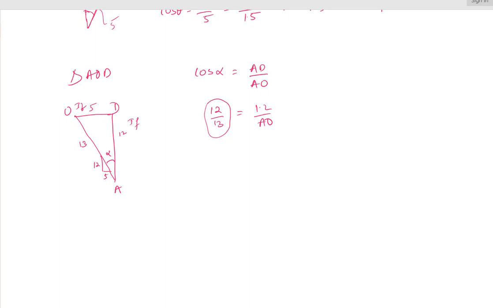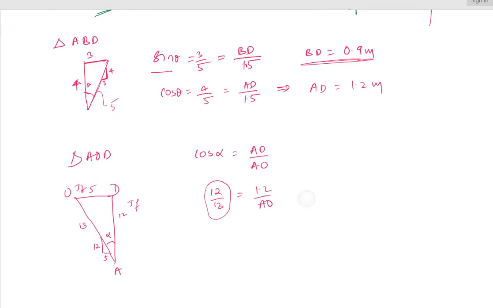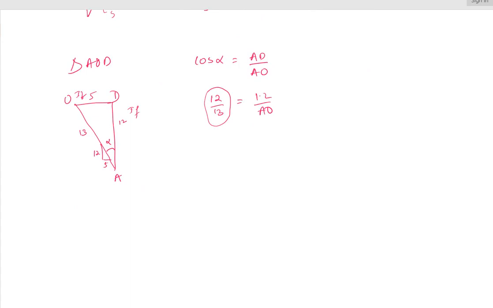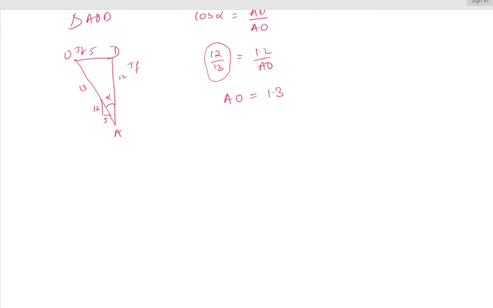Out of this, what do we know? We know AD. How do we know AD? We just found out, 1.2. So obviously AO, when you plug in the numbers, you'll get 1.3. Now we found AO, we also need to find OD. So how can we find OD? Let's use the tan alpha. Tan alpha would be OD over AD.